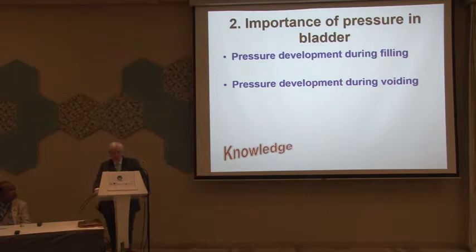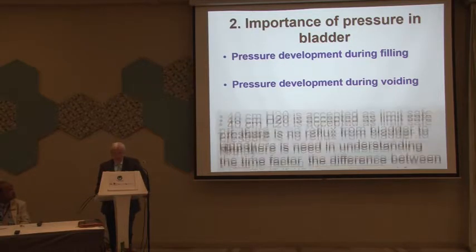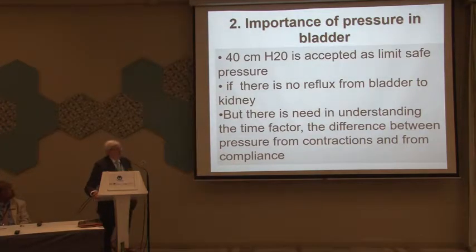And what should we look at in the bladder? The pressure. That's how simple it is. What pressure development is there when the bladder is filling, when the bladder is emptying? Perhaps you know, if you're really into this topic, that in a rather ancient publication, not in spinal cord injury but in children with meningomyelocele, 40 centimeters of water was accepted as the safe pressure limit.